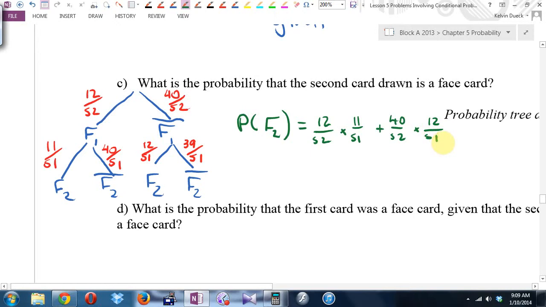Right? Which is what? You need to know how to calculate these. So if you don't know how to do this, get your calculator out and practice, please.